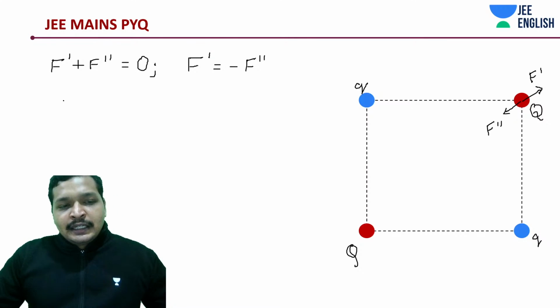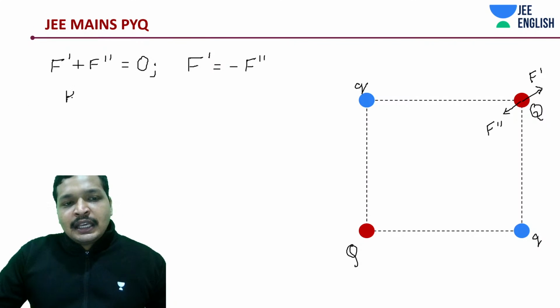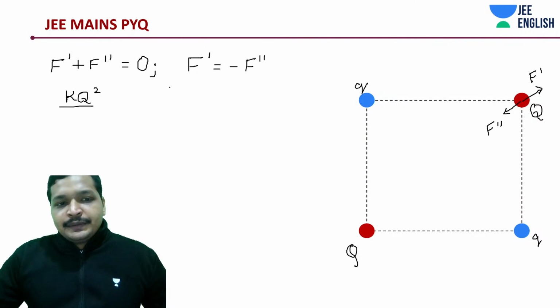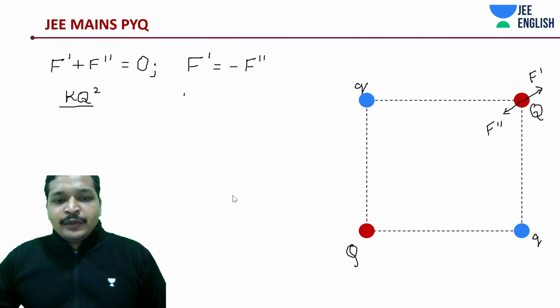From the earlier equation you can say something like this: k into q square. I'm basically writing down this thing on the right hand side itself.